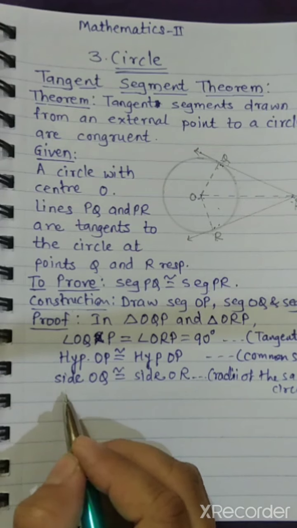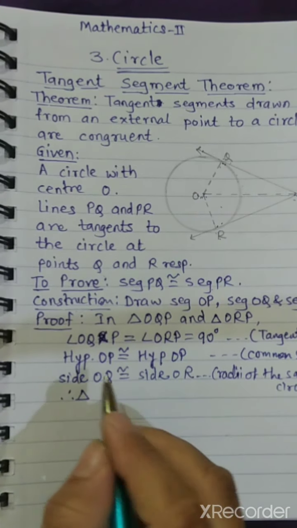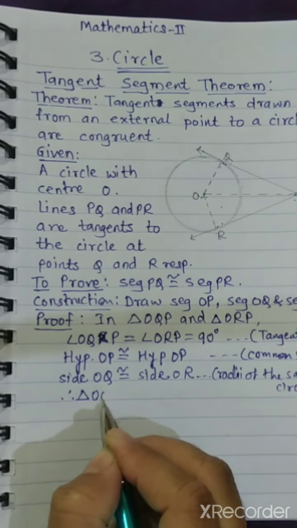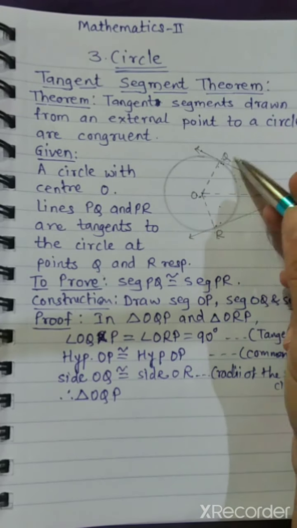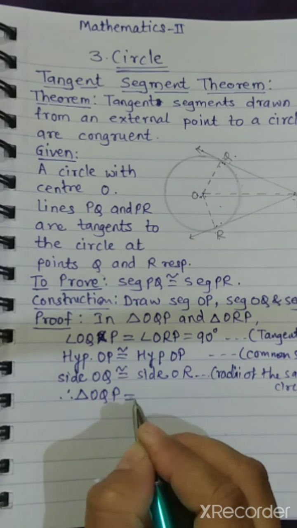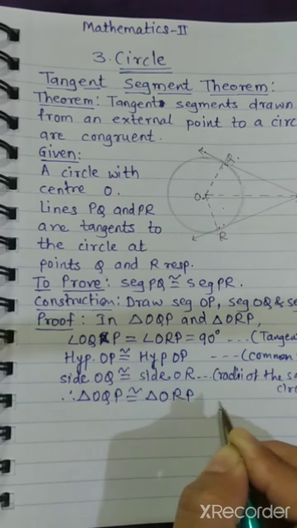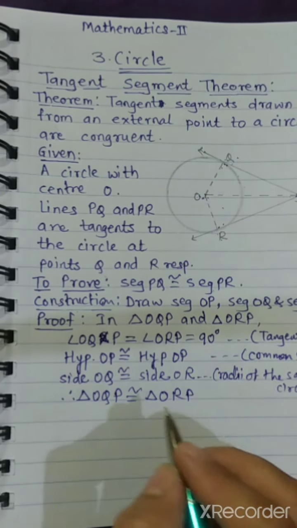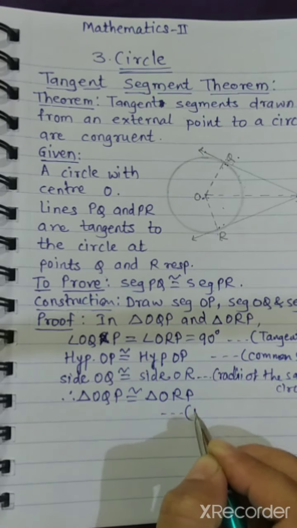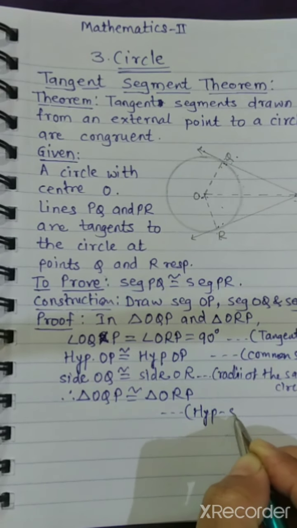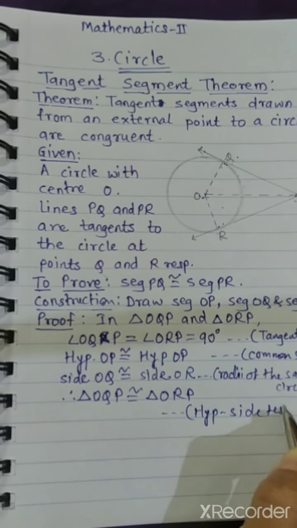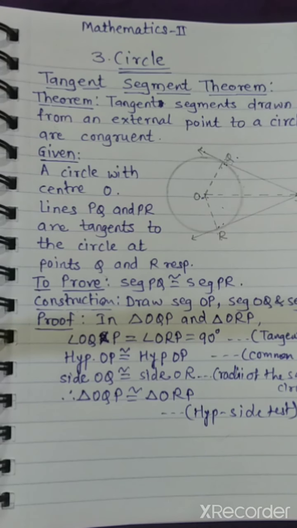So from this we can say, therefore, triangle OQP is congruent to triangle ORP. By which test? By the hypotenuse side test, the two triangles are congruent.